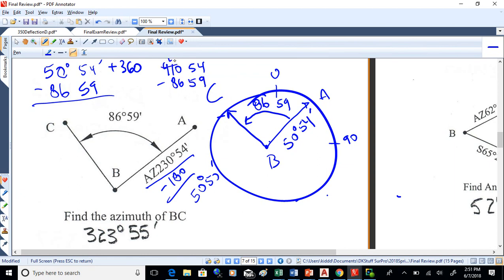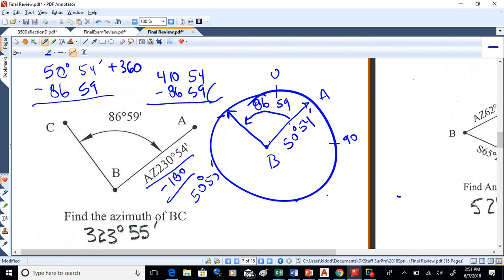But I can't, shucks, I'm a little out of room here. So what did I do? I got 410, 54, and I'm going to take the 86, 59 away, right?